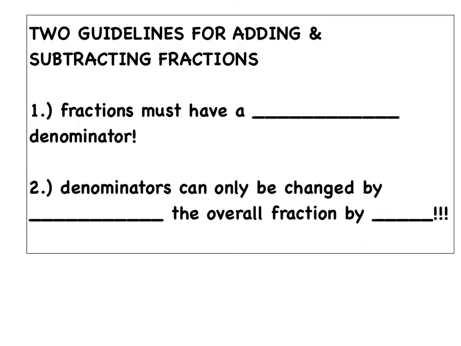So now that we've gotten the rust off from earlier years, let's go over the two monster guidelines that are going to really keep the train on the track, so to speak, tonight. Our fractions must have what? Common denominators. And I can't stress this enough. Probably 80% of our energy tonight is simply going to go into the idea of identifying and then creating that common denominator.